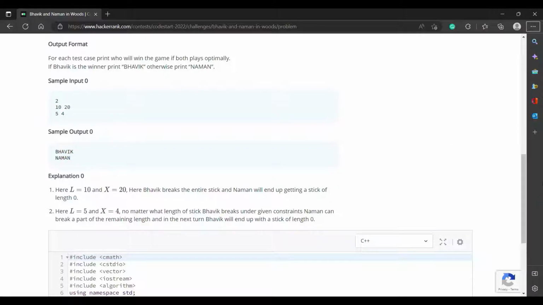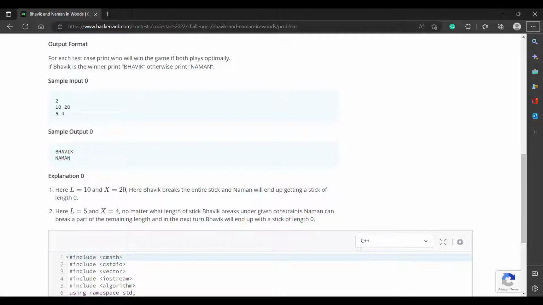Now here we can see in the sample input 0, we are given an integer 2 which represents the total number of test cases. After that we are given two space separated integers, the first of which is 10 which is the length of the stick and the next integer is 20 which is the maximum length a player can break while playing the game.